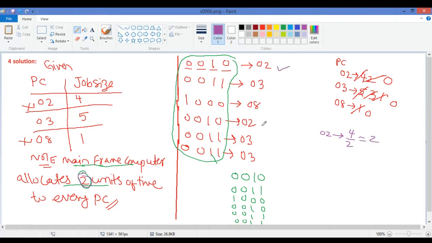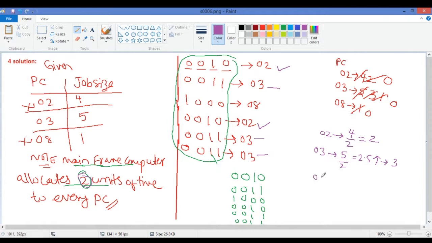PC2 is coming 2 times, correct? Now you see PC3. Its job size is 5. 5 divided by 2 units of time gives 2.5, so you have to take the ceiling, which means it is 3. It is coming 3 times: 1, 2, 3 times.